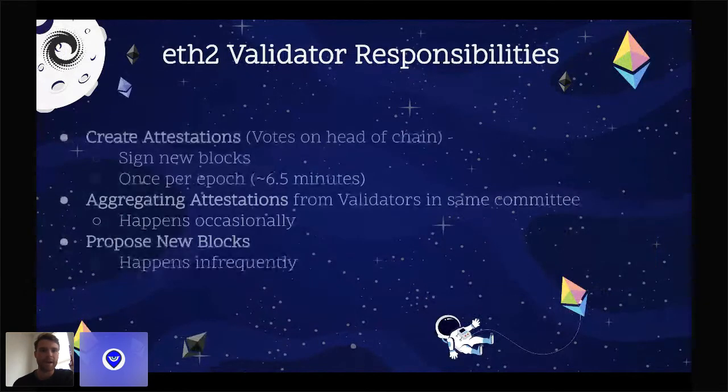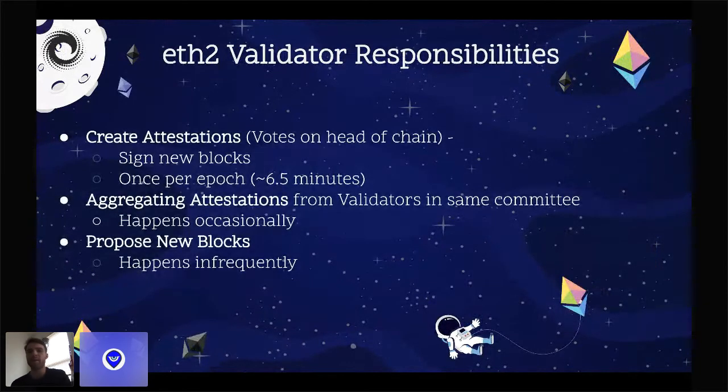So let's talk about responsibilities. What am I supposed to do? What are my main jobs? How do I remain truthful and follow the rules? And how do I get rewarded? There are two main things. The first is creating attestations, which you can think of as voting on the head of the chain, or more simply, signing new blocks.